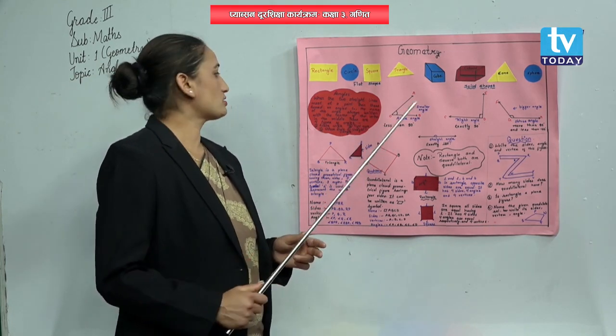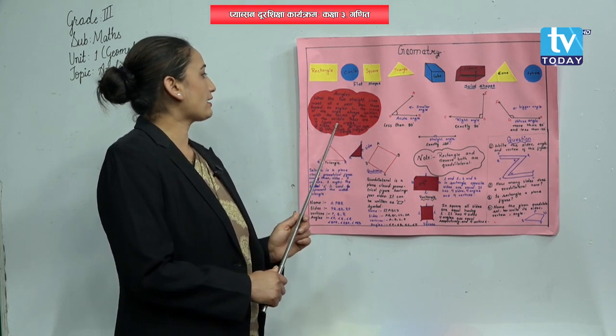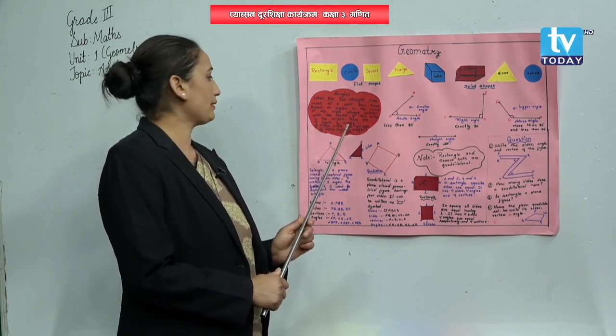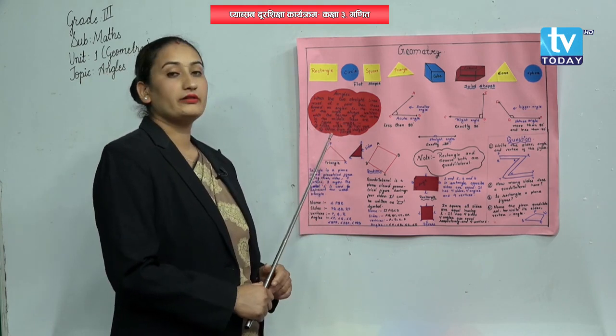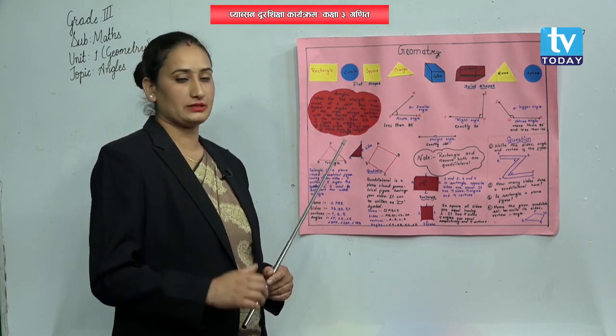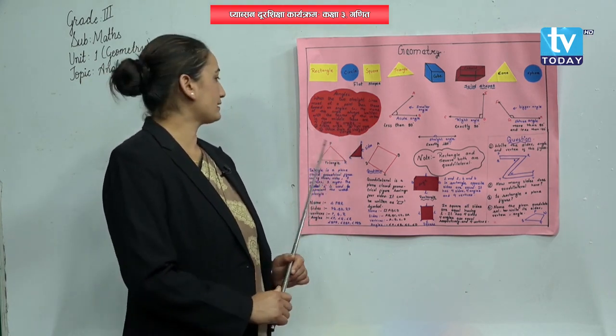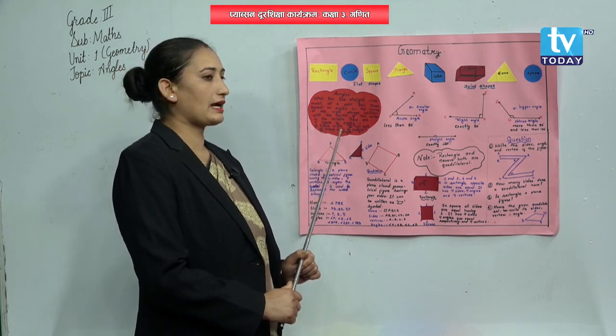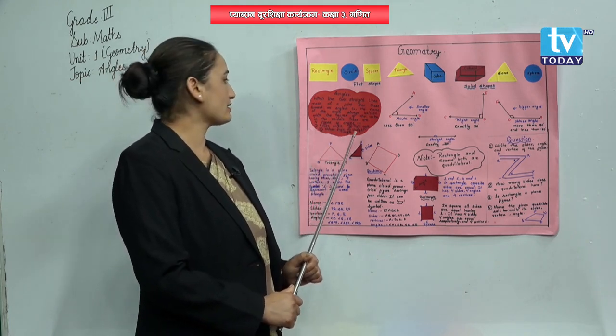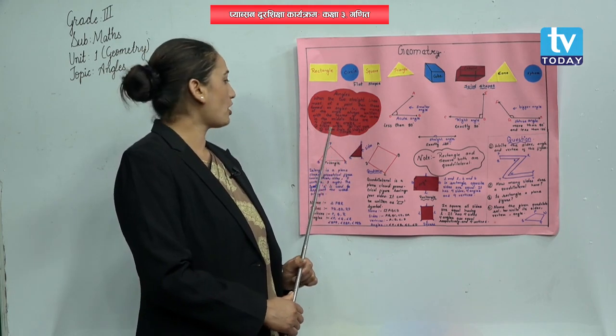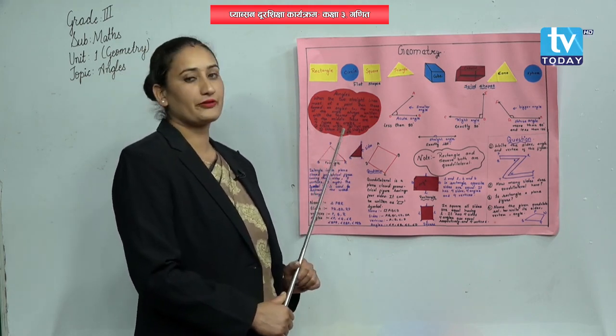The name of an angle is always written with a name. There are 4 types of angles. What are they? First is acute angle, second is right angle, third is obtuse angle, and fourth is the straight angle.